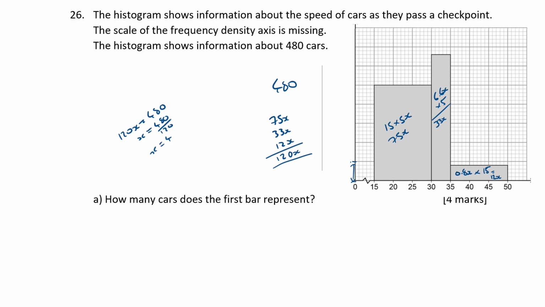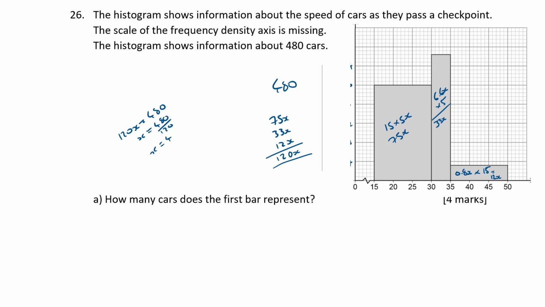Okay, so x is 4, and that means that height there on the frequency density must be a 4, 8, 12, 16, 20, 24, 28. So now we know the frequency density scale.